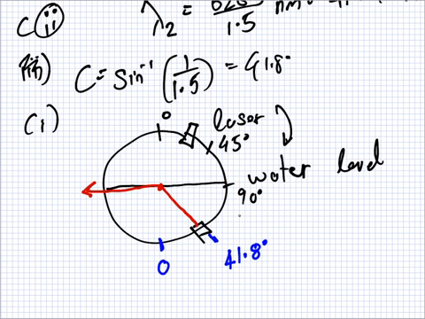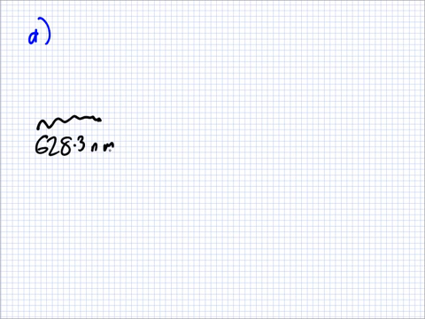Part D. So you have your wavelength. It's 628.3 nanometers, and it goes through the diffraction grating.